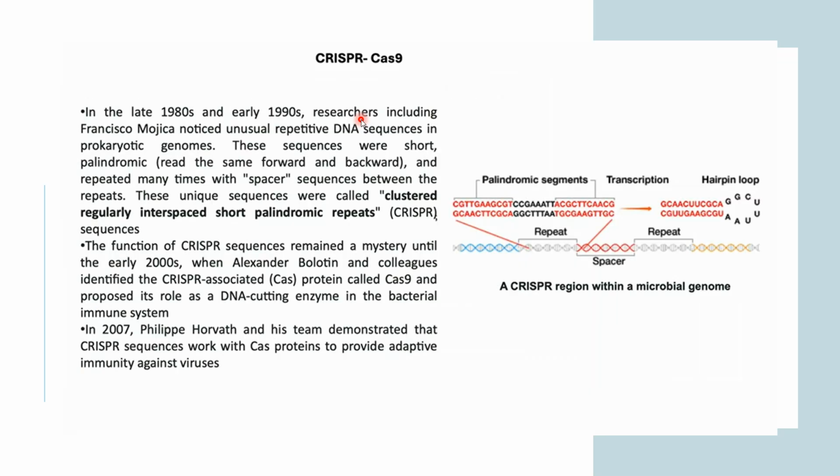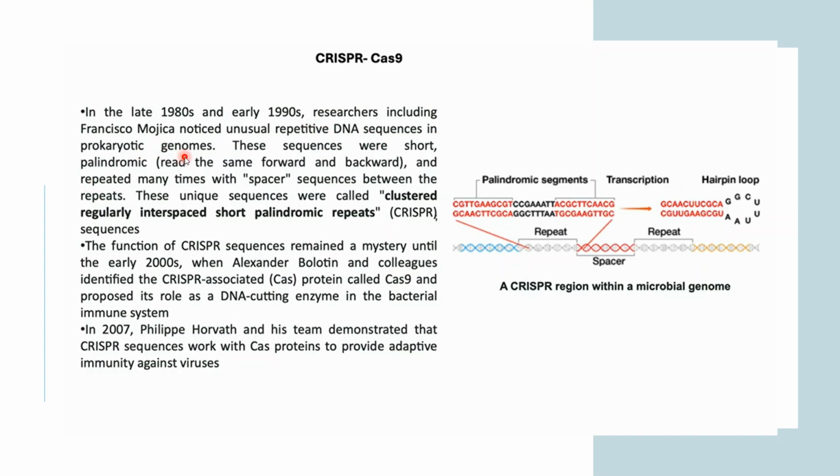So now the prodrugs, we have already talked about it, we have given it a decent amount of time. Now there is a class known as CRISPR-Cas9, so we will talk about this. In the late 1980s and 1990s, researchers including Francisco Mojica noticed unusual repetitive DNA sequences in prokaryotic genomes.